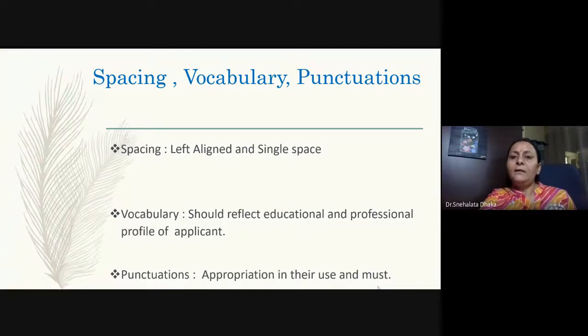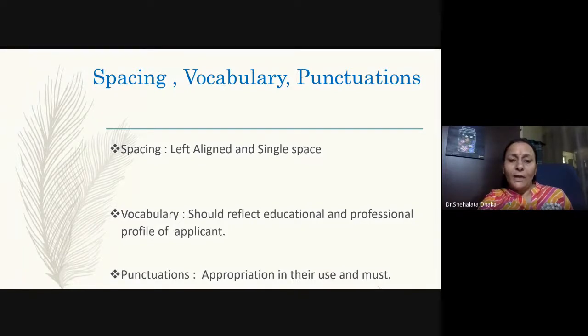There will be no space between subscription and signature, and again no space between signature and the address of the sender. So this is how spacing also plays a very important role. If one does not do it effectively, it creates a negative impression of the writing skills towards the employer.